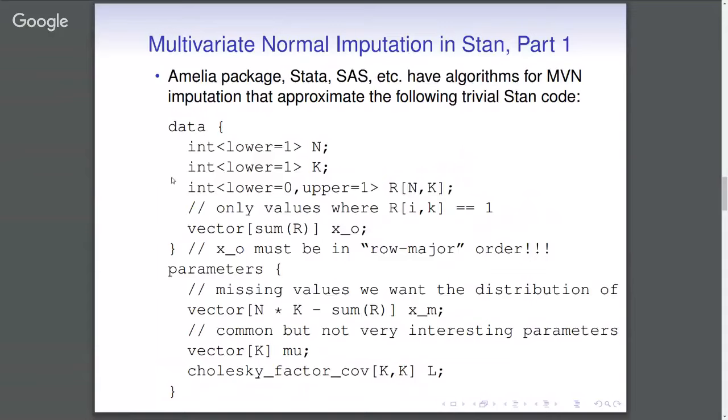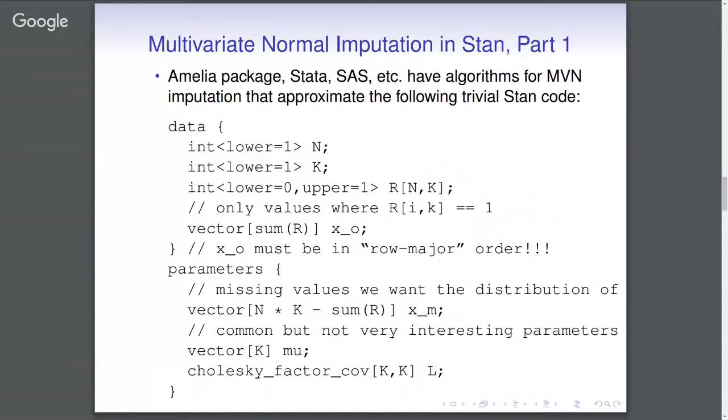So what we have in the data block are N, the number of observations, and K, the number of variables. We have a 2-dimensional array called R that's N by K, whose lower bound is 0 and whose upper bound is 1. And that tells us which observations in the X matrix are observed and which are missing.